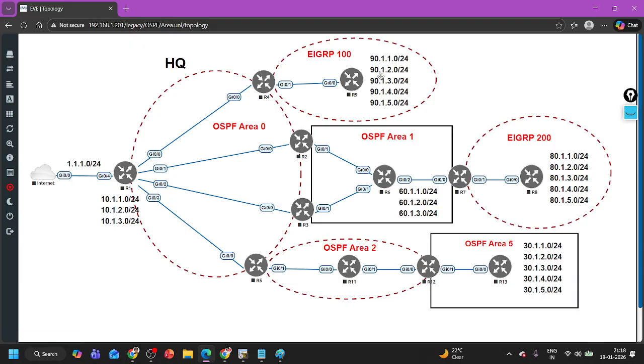These routers are learning 90 prefixes in the form of LSA 5, and 80 prefixes in the form of LSA 7. But router number 2 cannot send the 90 prefixes in the form of LSA 5 in area 1, because area 1 is NSSA area. Then how will router number 6, or any router in NSSA area, learn these 90 prefixes? Here again you have to understand translation of LSAs or default information originate.